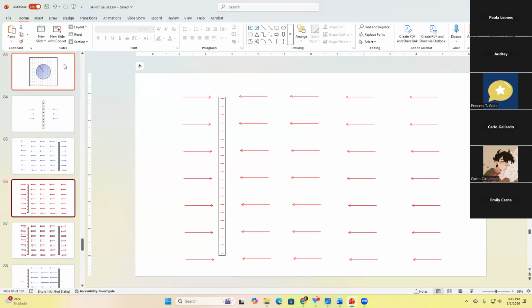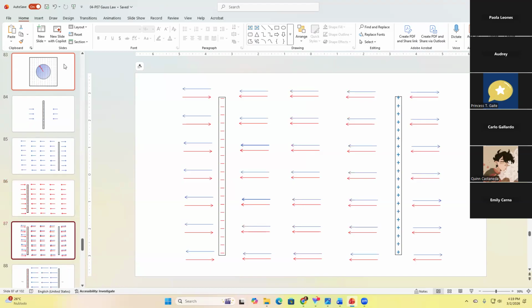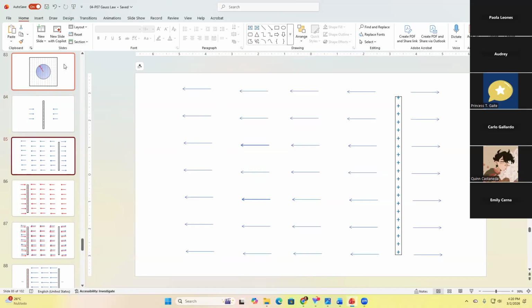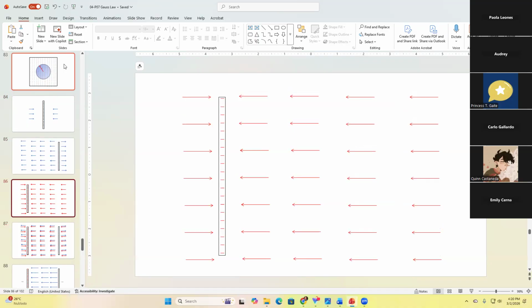When I place this negative plate next to the positive plate, we have this superposition of electric fields in space. Look what happened, folks. It's very easy to visualize it. The difficult part was to calculate this field here.